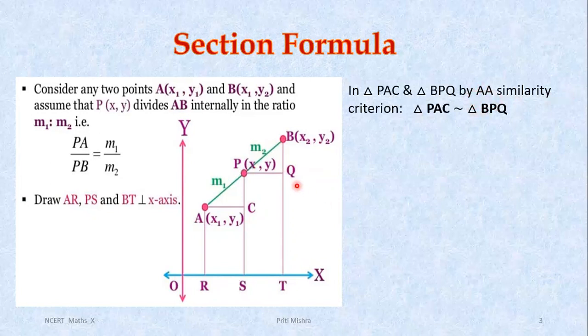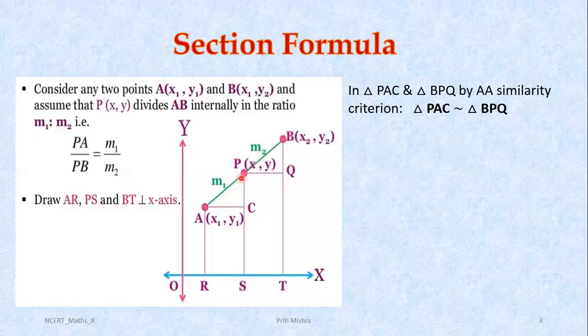How can we find this out easily? See here, angle C is 90 degrees, and angle Q is also 90 degrees because these are perpendiculars on these line segments. So angle C is equal to angle Q. Now BT and PS are two parallel lines because these two are perpendicular to the x-axis.